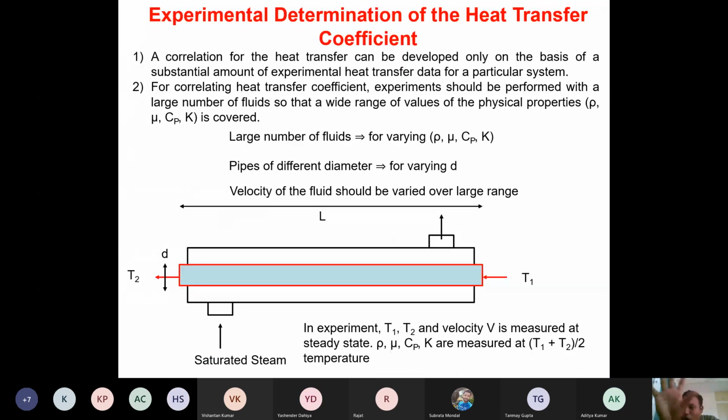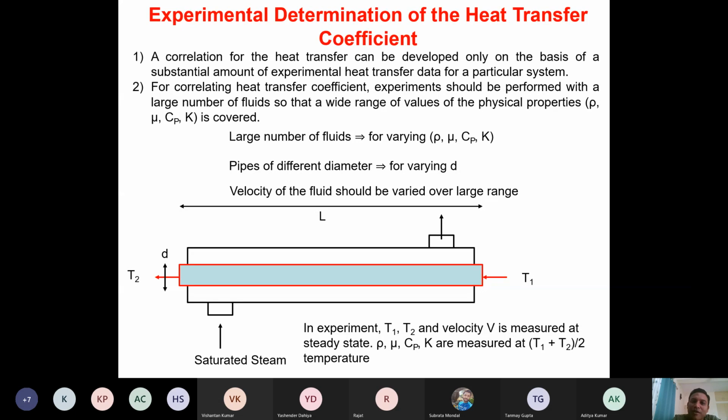Now, so far we have gone one by one. We started with the argument that we want the heat transfer coefficients. Then we said that heat transfer coefficients should be in the form of dimensionless numbers. Then we looked at the dimensionless numbers. Now let's look at the real part: how to calculate the heat transfer coefficient, the experimental determination. Suppose somebody gives you a job.